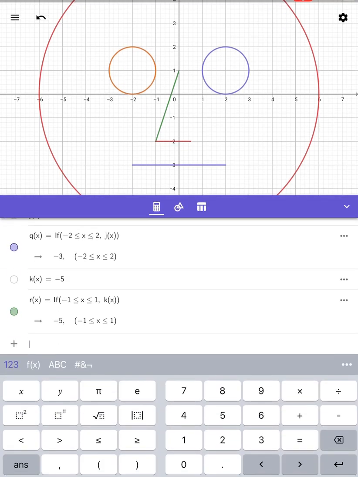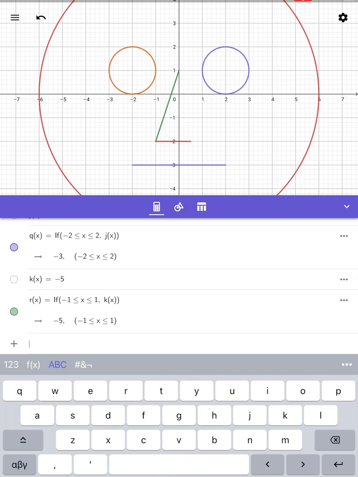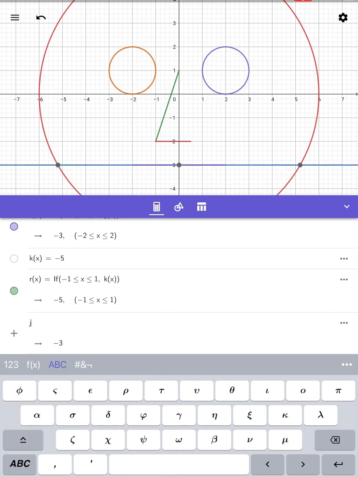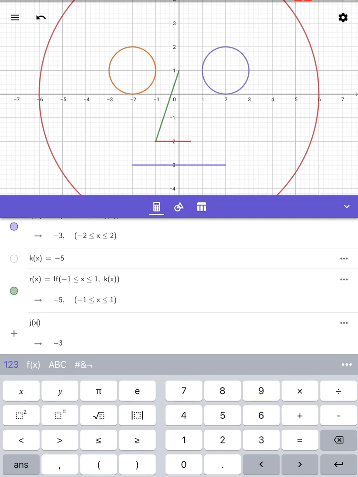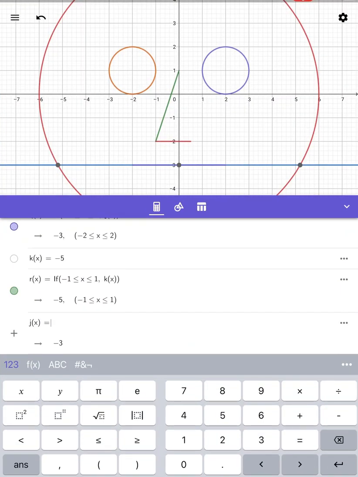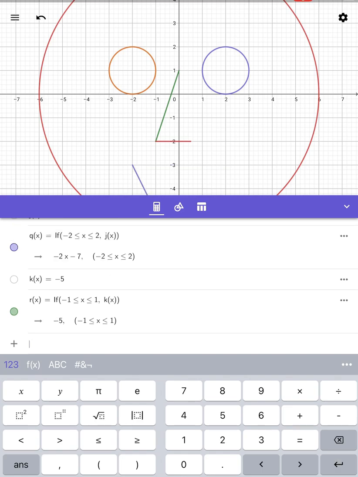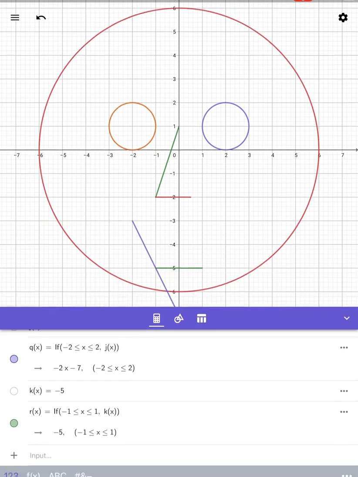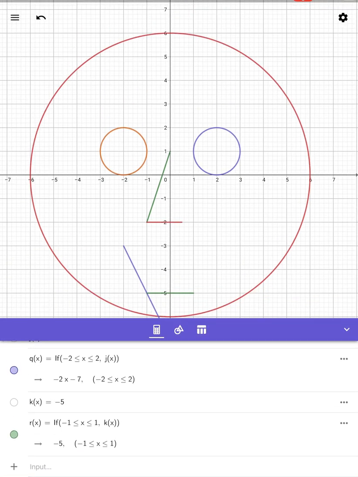So let's do -2x minus 7. What was it again? It was -2x minus 7. Where would that be?